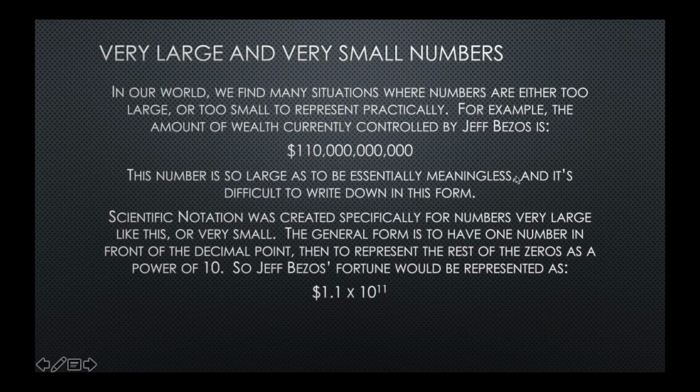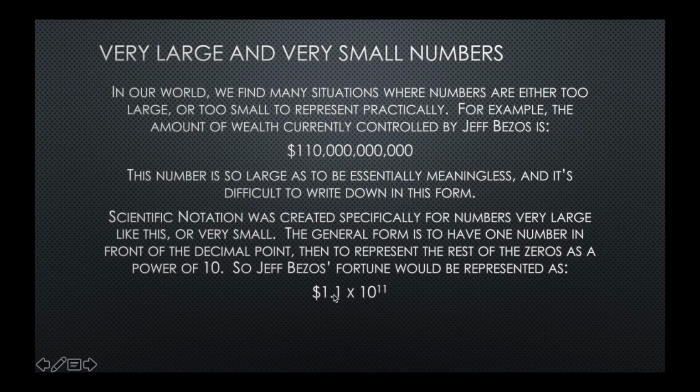Now the way that you can get to that 11 is if you imagine you've got a decimal point here. We're going to move the decimal point 1, 2, 3, 4, 5, 6, 7, 8, 9, 10, 11 places to get it so that it's behind the first number. And so that would be 1.1 times 10 to the 11th, because I had to move the decimal point 11 places to the left.